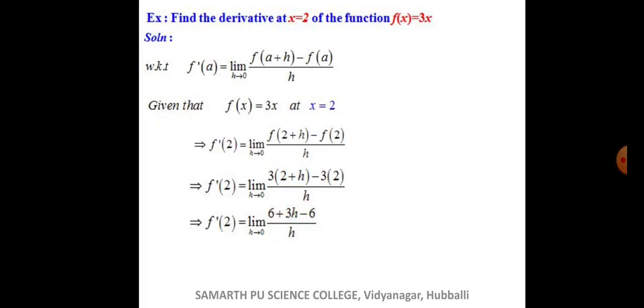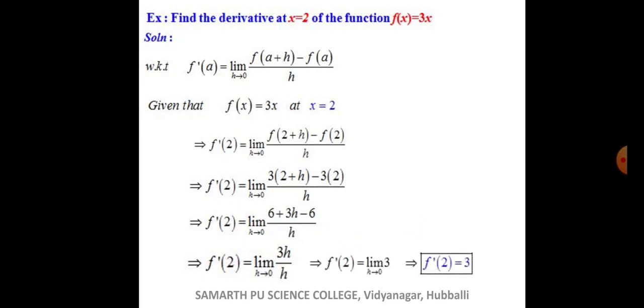Here 6 minus 6 gets cancelled. We remain with f dash of 2 equal to limit of 3h divided by h as h tends to 0. Here h gets cancelled. We remain with only a constant, f dash of 2 equal to limit of 3 as h tends to 0. We get f dash of 2 equal to 3 because it is a constant function.